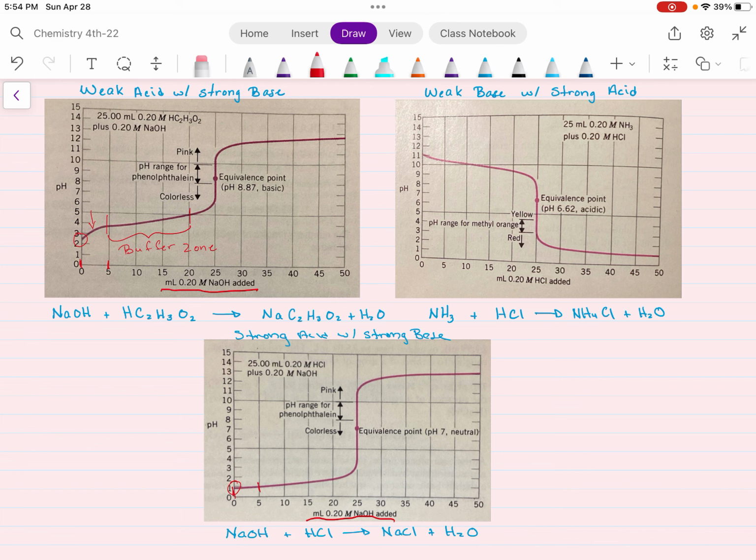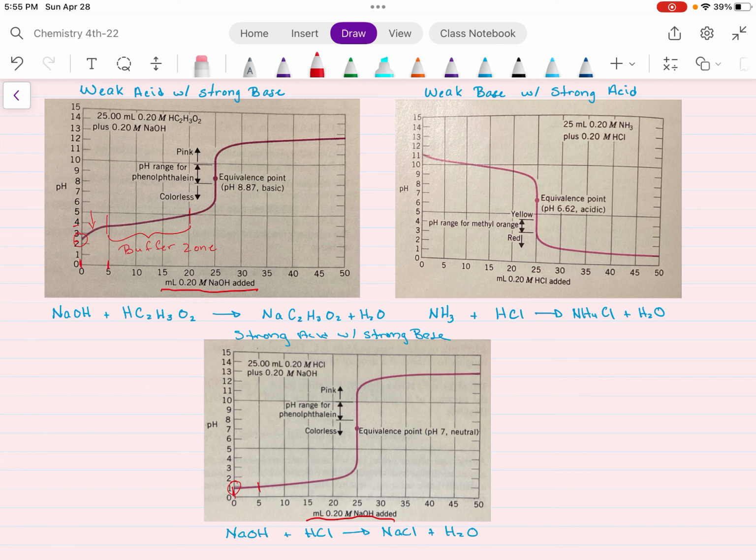So for example, here we jump from starting at like 2.5 to almost 4, whereas here we go from about 0.75 to about 1. So the increase in pH is a lot more dramatic when you have a weak acid compared to a strong acid.